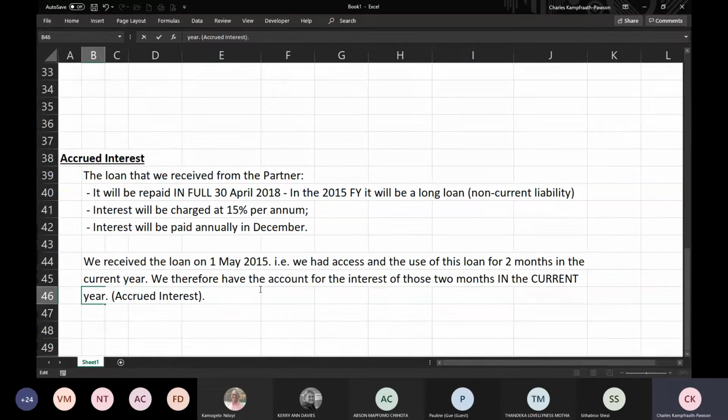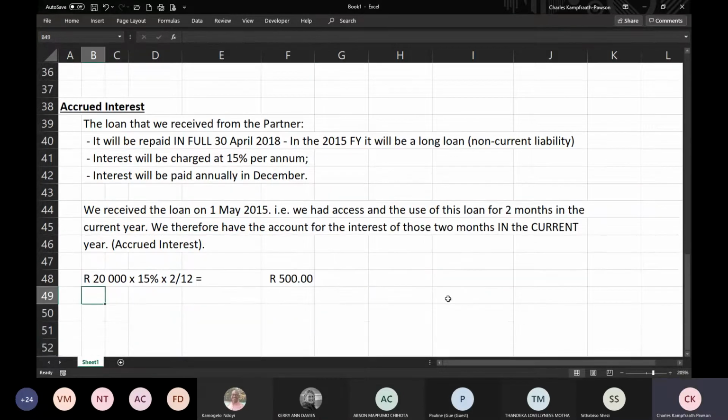So how do we calculate that? We say it's 20,000 Rand times 15% times 2/12. And that equals 500 Rand.